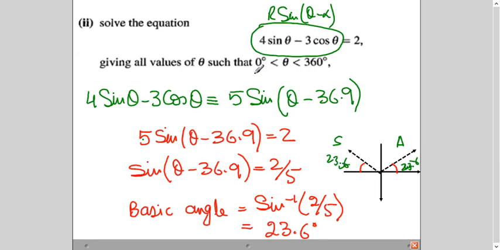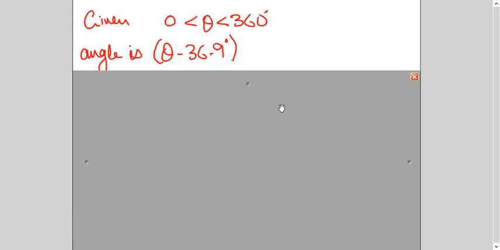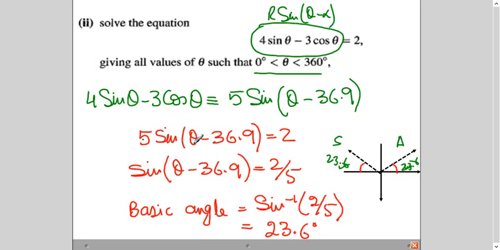Question is saying solve this question between 0 to 360. It means now I will start what? Let's see on the next slide. The theta given to you is from 0 degree to 360 degree. But in the question, your theta is theta minus 36.9.